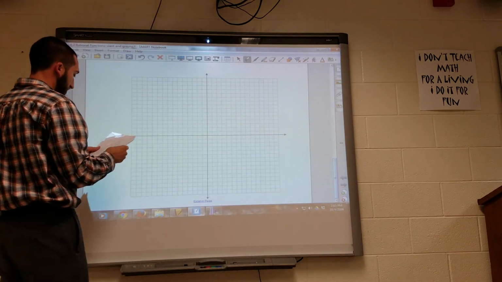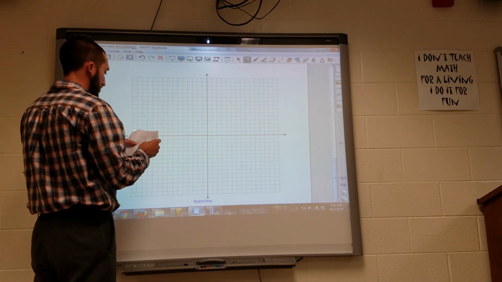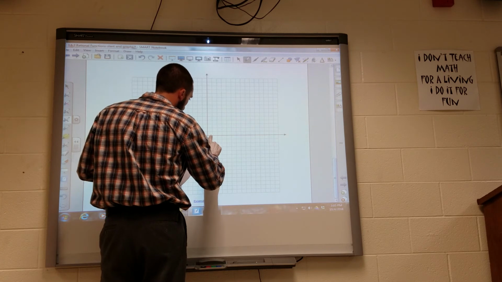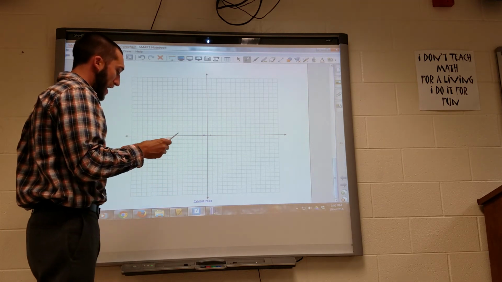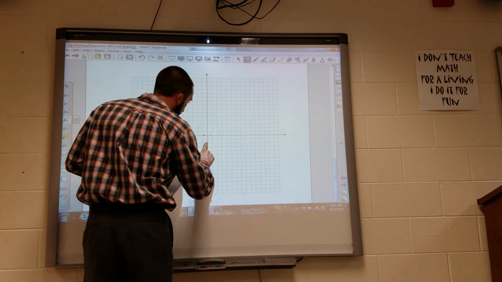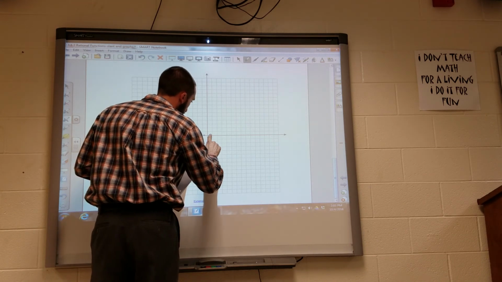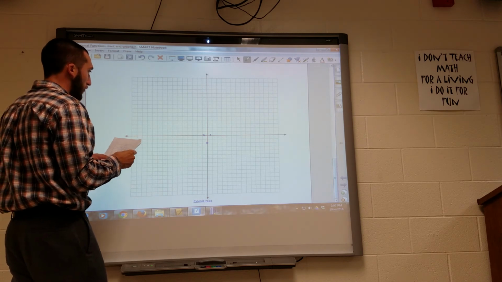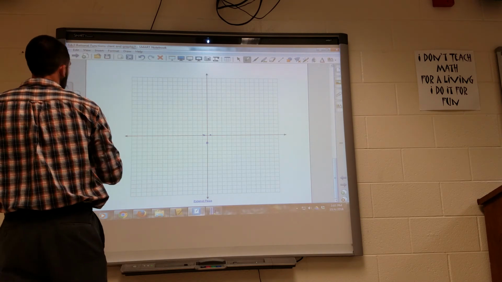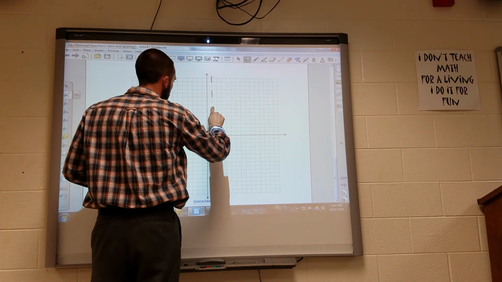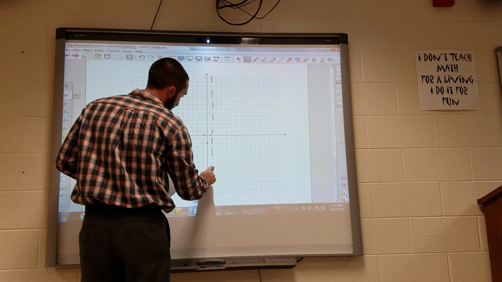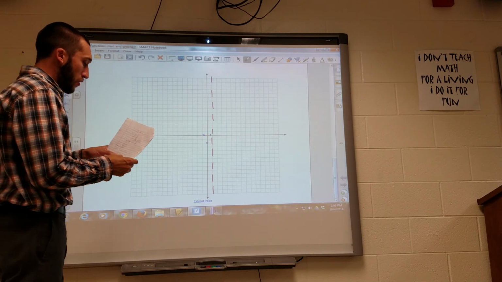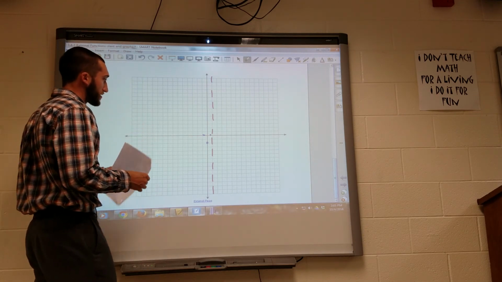Okay, so I knew my x-intercepts were roughly, really close to negative 1 and positive 1. I knew my y-intercept was negative 2. And I knew I had a vertical asymptote at positive 1. I also know I have a slant asymptote at the line y equals negative 3x minus 3.